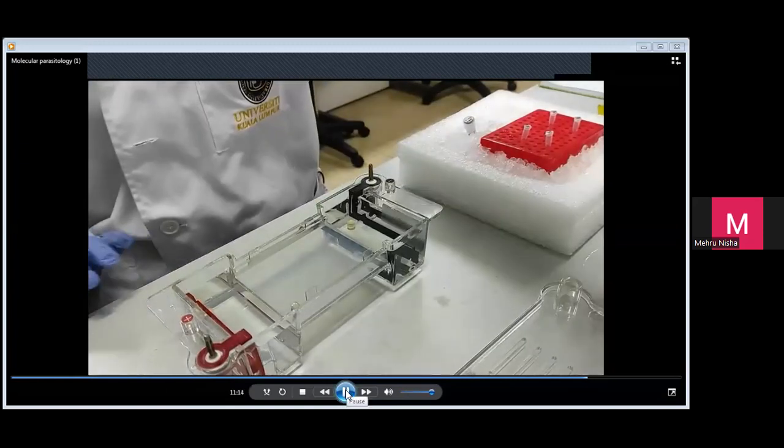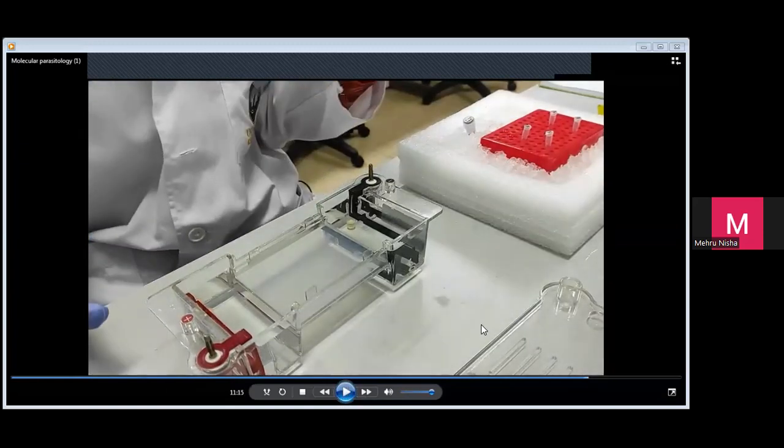Okay, so you know that I hope students by now you know our DNA is negatively charged. So when you run the gel, the amplicon will move from negative to positive. So make sure you load the DNA here. DNA will move to the positive rod.